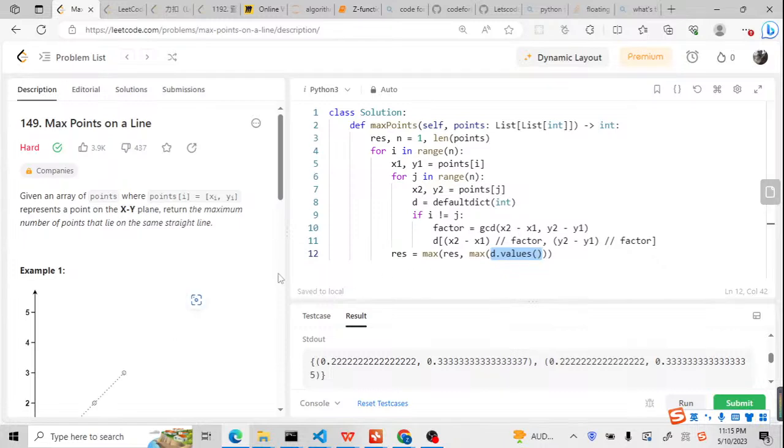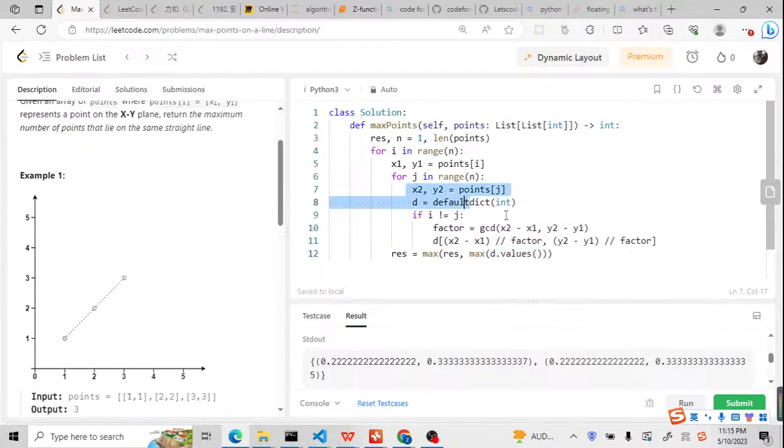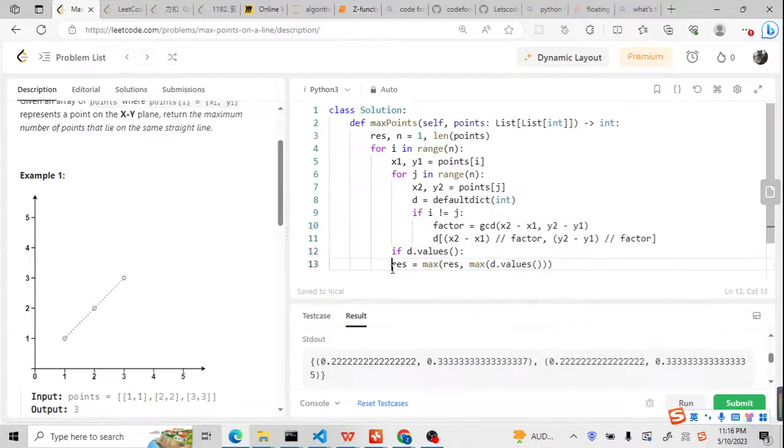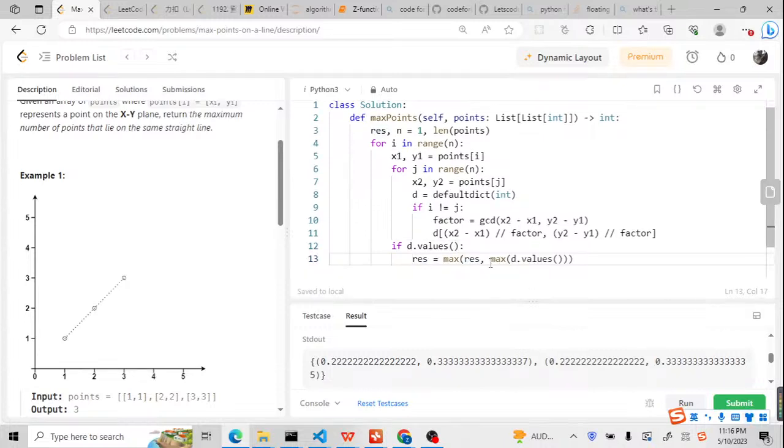If there's only one point, we cannot find another point. So we need to have a check: if d dot values exists, this means there must be some value inside the dictionary. So we're going to find the maximum value inside the dictionary and then compare it with the result. So for each point, we're going to check it like this.